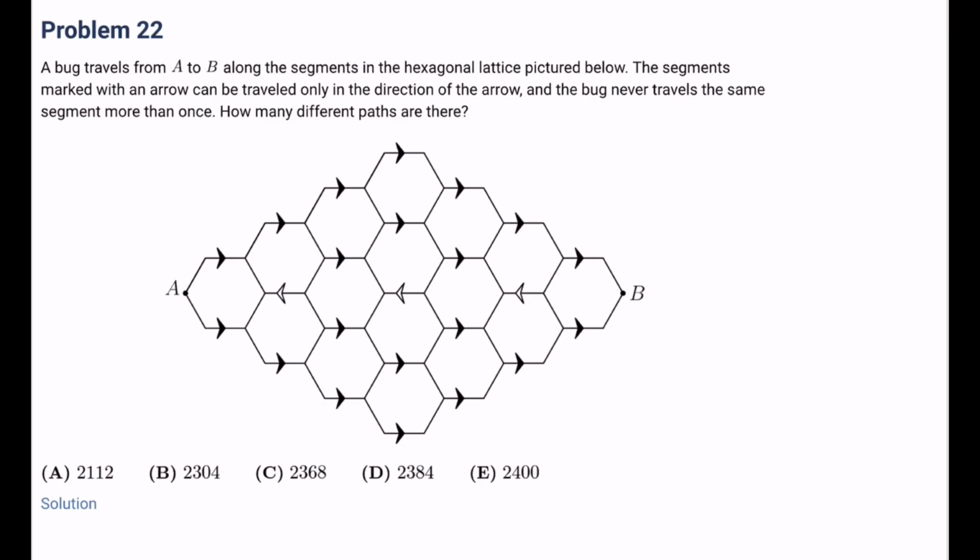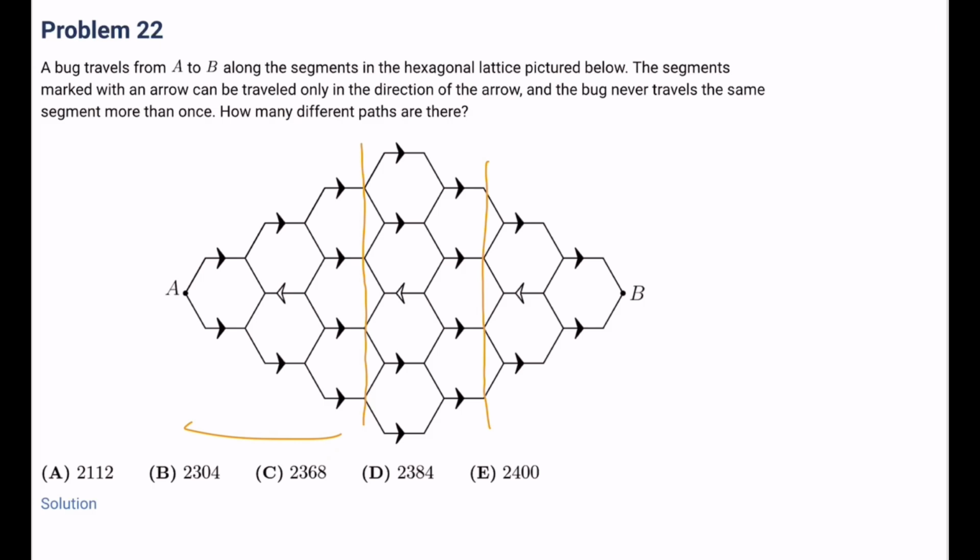Okay, so first of all, we don't want to tackle everything at once. And so what we want to do is split it into different regions. So if we split it over here, and we split it over here, like that, then first of all, let's calculate how many paths go from A to each of these.